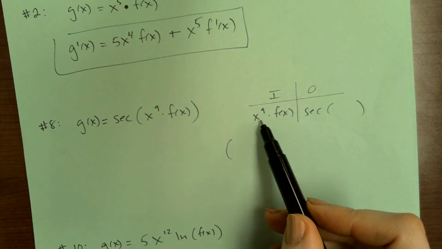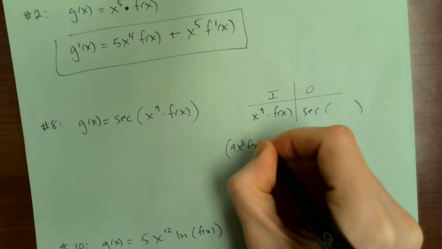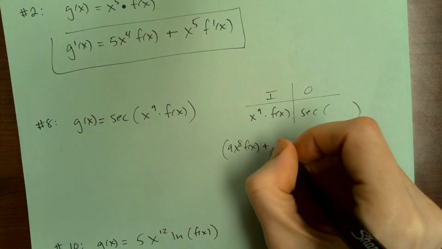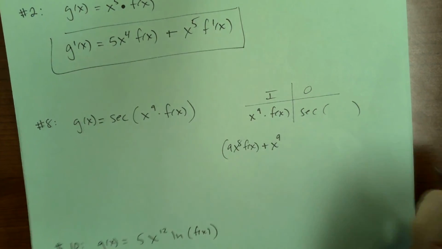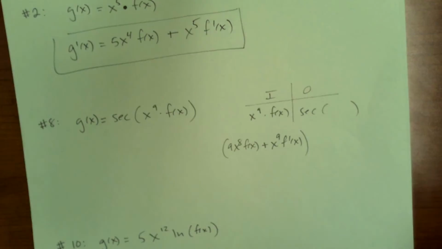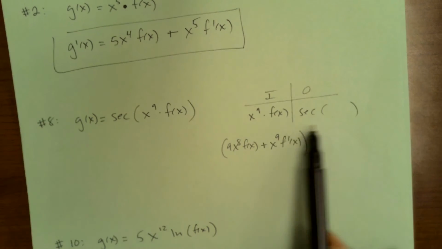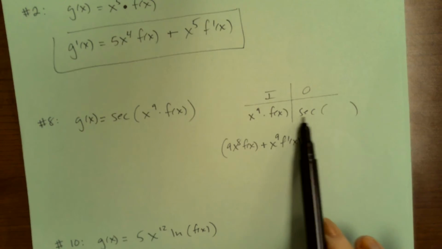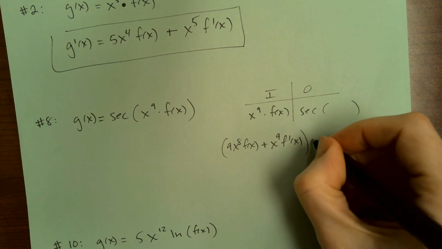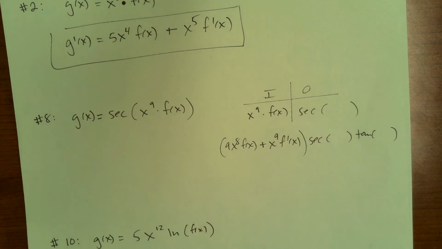Yeah, so the derivative of the first function is 9x to the 8th, and then you just bring down the second function plus. You bring down the first function, the derivative of the second function is f prime of x. Okay, so this is the derivative of the inside. Now this is the outside function. The derivative of the outside function is secant blank, tangent blank.